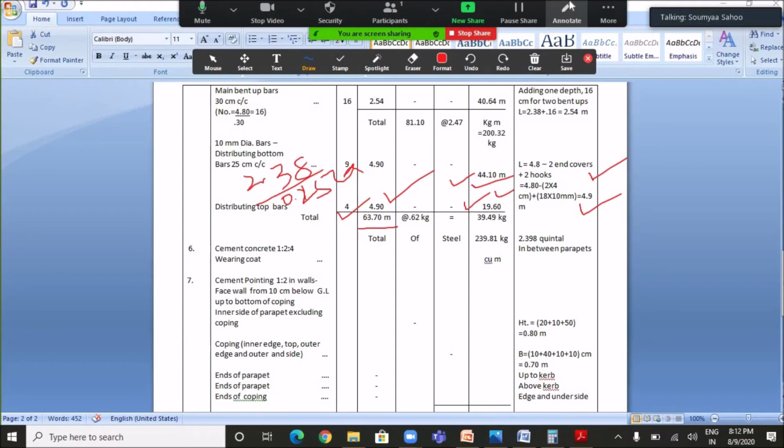And by following the procedure that I have mentioned earlier, we can easily calculate the weight of the steel required for distribution reinforcement, and the total quantity of steel is found by adding the steel required for main reinforcement and the steel required for distribution reinforcement, which is 200.32 plus 39.49 kg equals 239.81 kg.